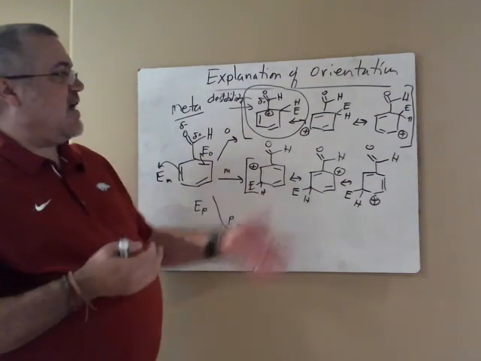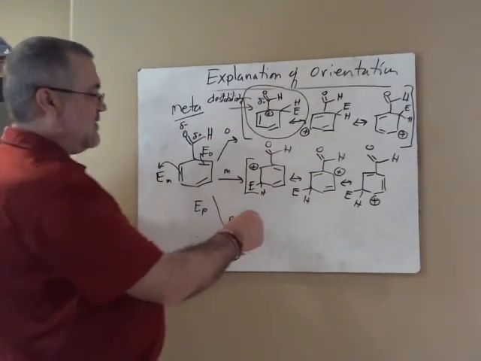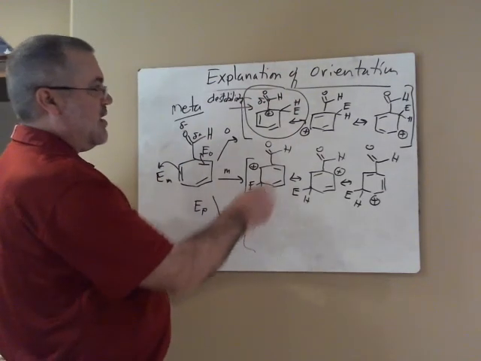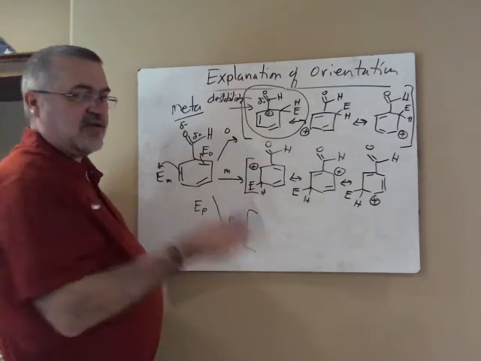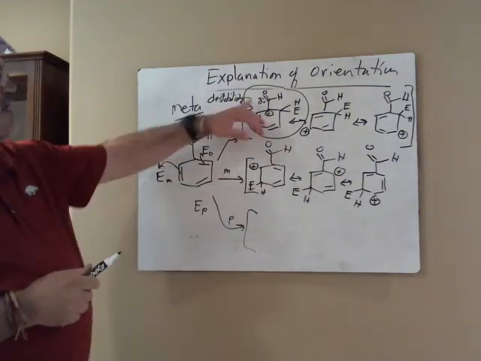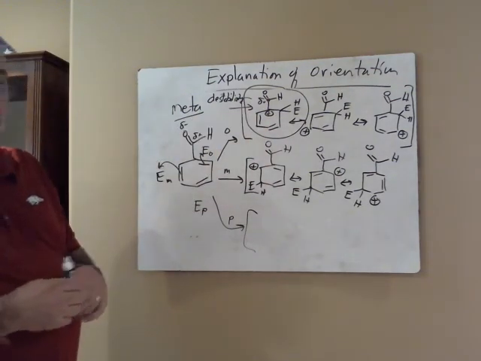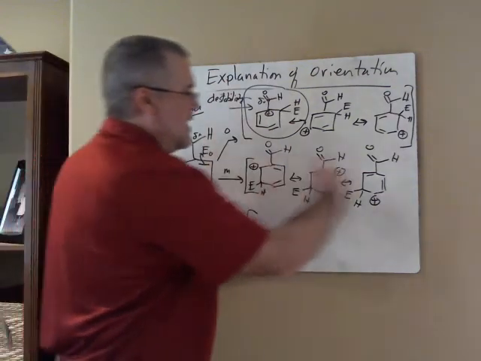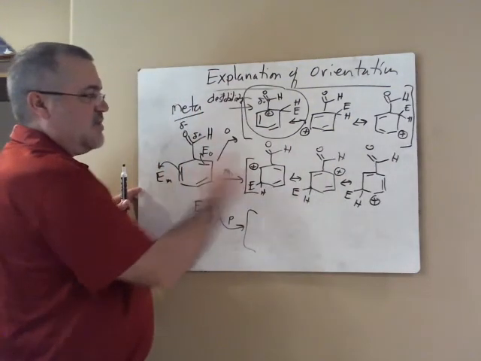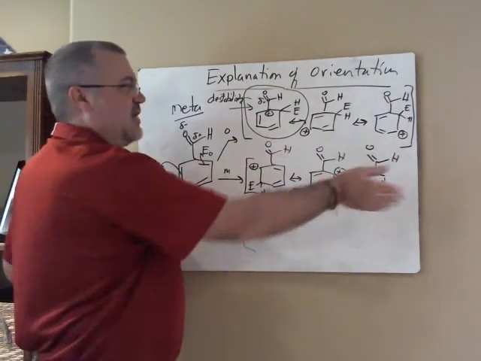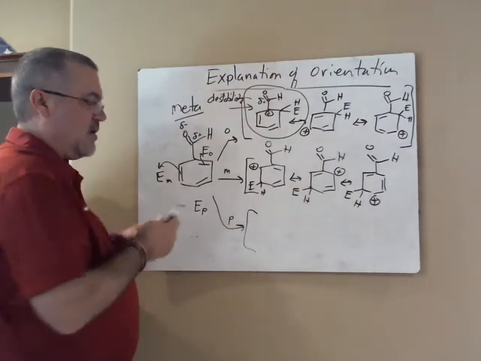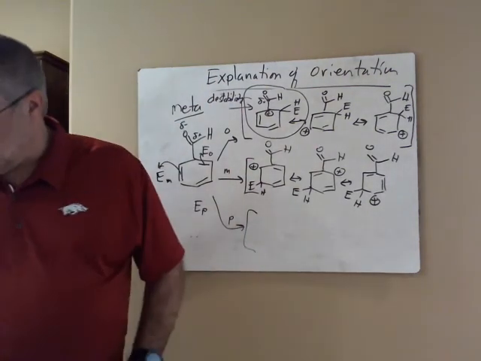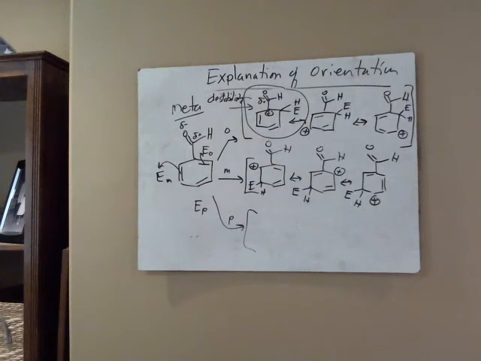And so it is actually favored. And you would see the same thing if you went through this for the para. You would see that there's a plus charge that ends up adjacent to that group that has the partial positive. And so this goes through meta orientation because this pathway is not destabilized like the ortho and the para are. All right? So mechanistically, we can explain that.